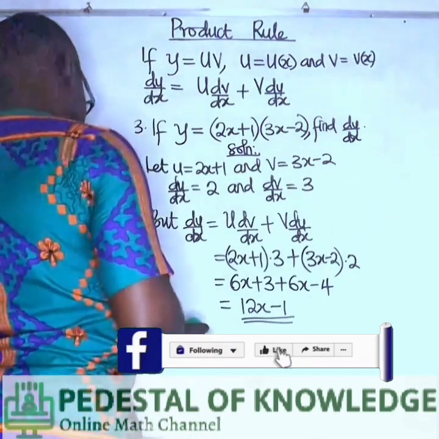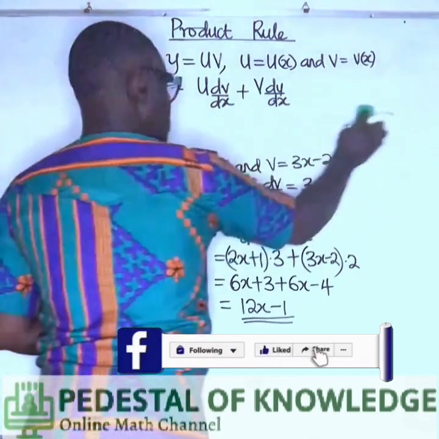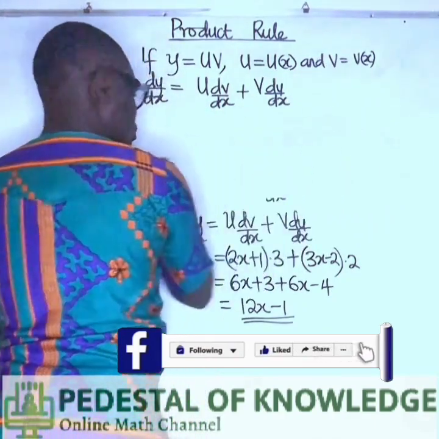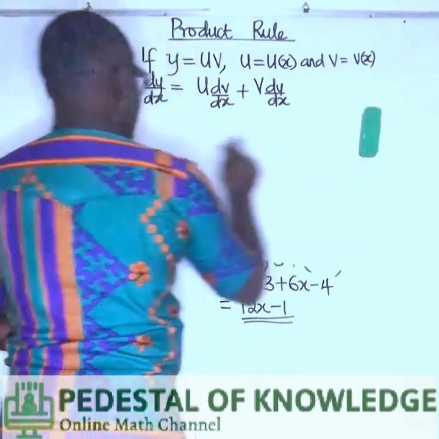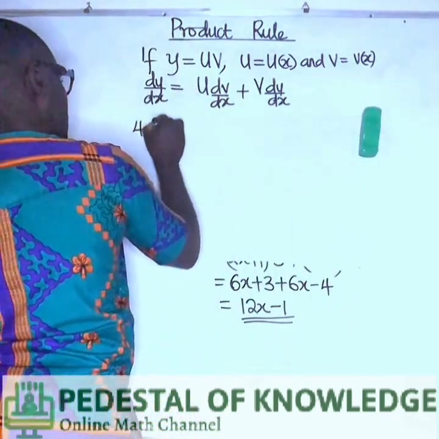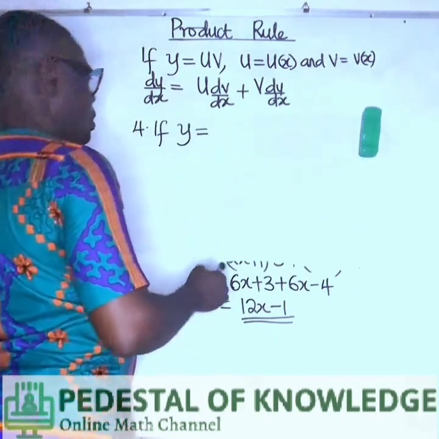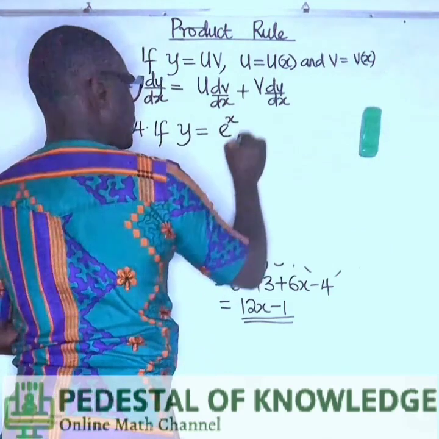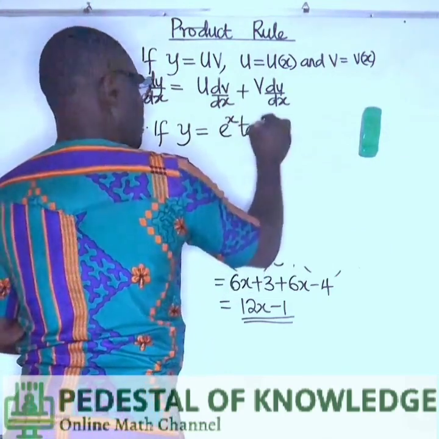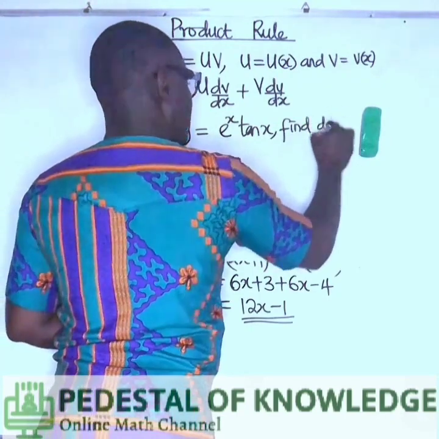And finally, let's look at another problem. Number 4, if y is equal to, maybe say, e to the x tan x, find dy dx.